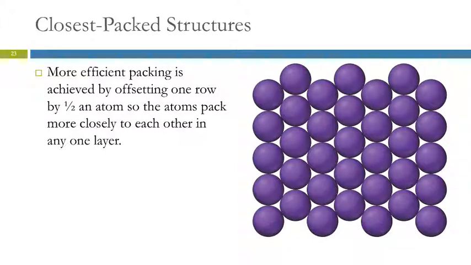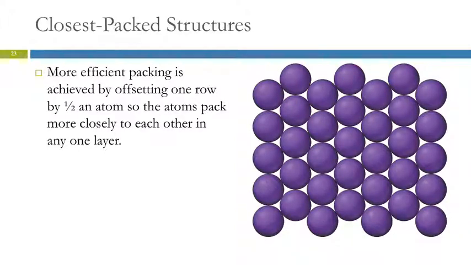We can get more efficient packing just looking at this bottom layer by taking this row and moving it up so that it nestles in this little gap here. So instead of having this one down here where they're all lined up, we're going to take one of these rows and move it up half an atom. And then we'll leave that one alone, move this one up half an atom.